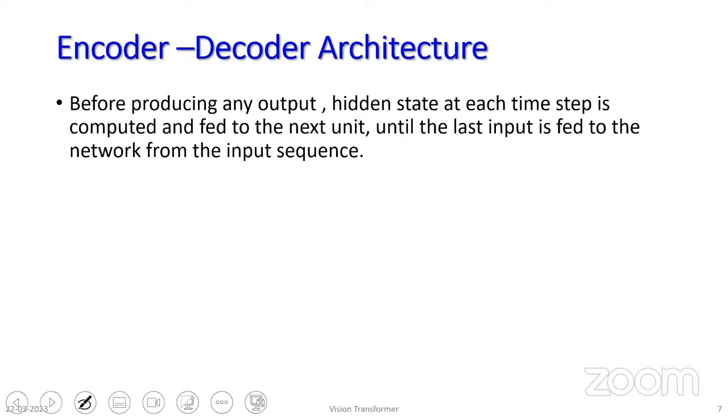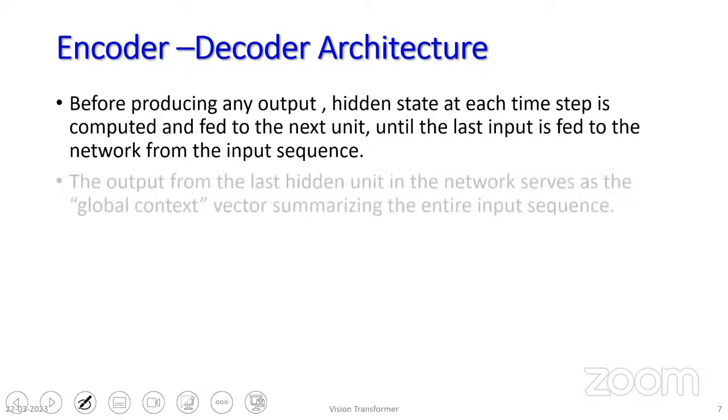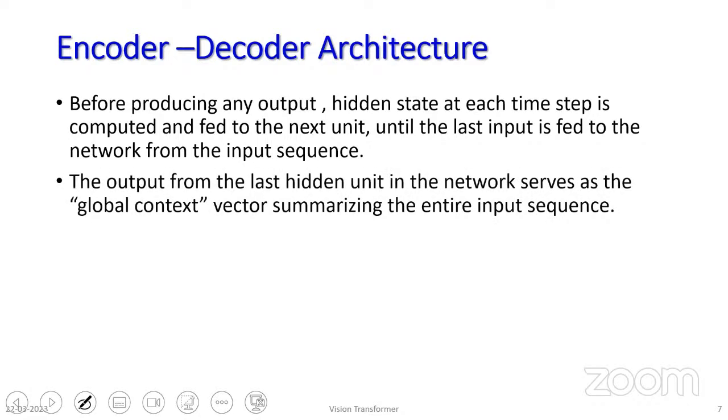Those LSTM units extract the features, and that is known as the hidden state of the encoder. So at each time step, I have this hidden state. That hidden state is also passed to the next time step for better interpretability, better representation of the input.